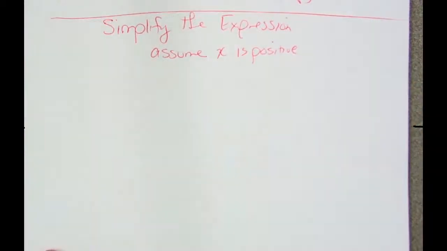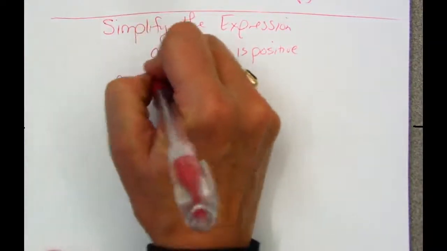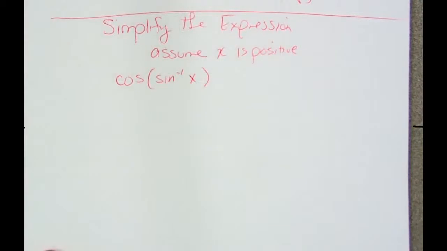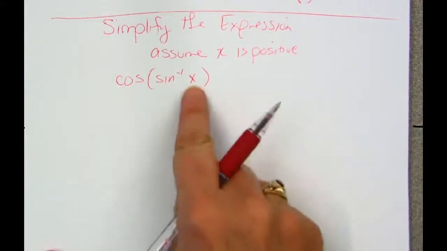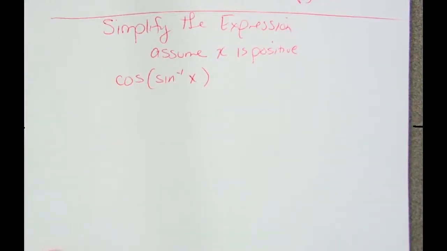So all the x's that you see are going to be positive numbers. We don't know what they are. Just assume them to be positive. So instead of 1/2 or square root of 3, I put an x. There are no numbers.